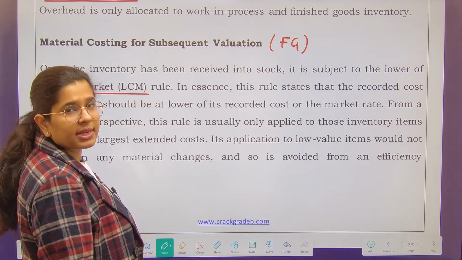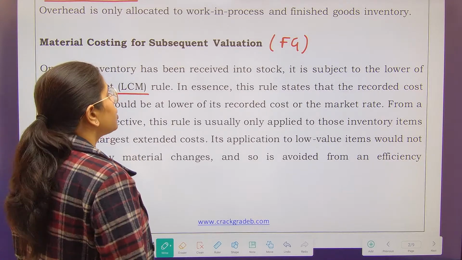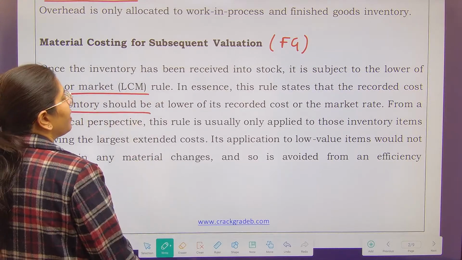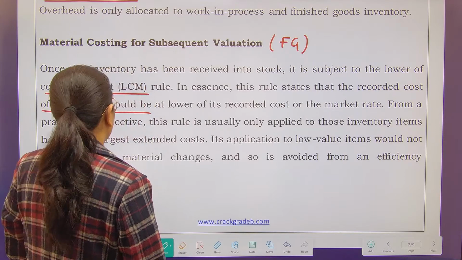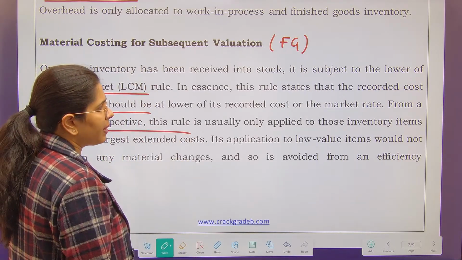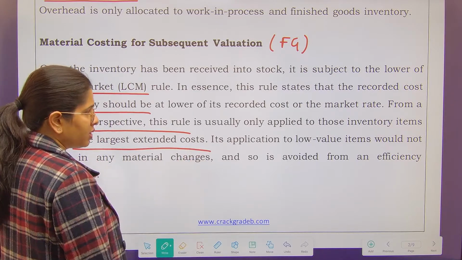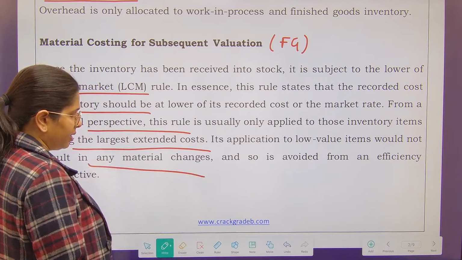This we have already studied in our accounting standards. Remember this particular thing. So in a sense, this rule says that the recorded cost of inventory should be the lower of its recorded cost or market value. From a practical perspective, this rule is usually applicable only on those inventory items having the largest extended cost. Its application to low value items would not result in any material changes.